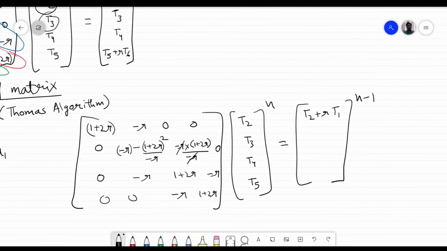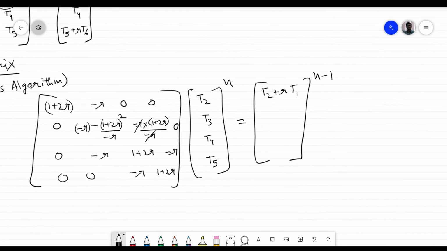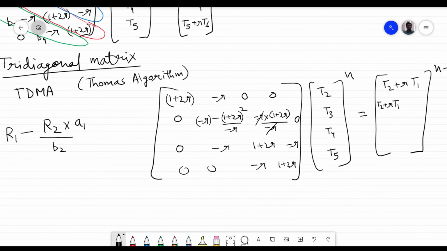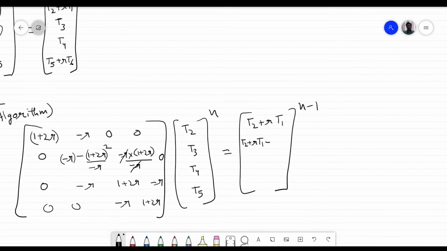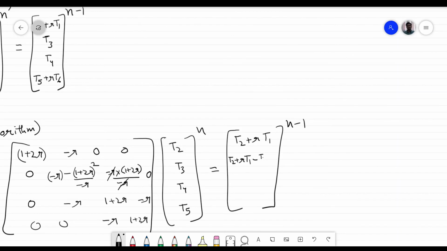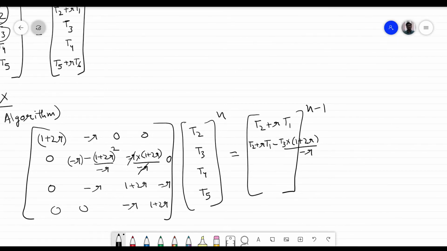Row 1 is T2 plus RT1, minus row 2 which was T3 into A1 which was 1 plus 2R by B2 which was minus R. So this gets modified. Then you have T3, T4.